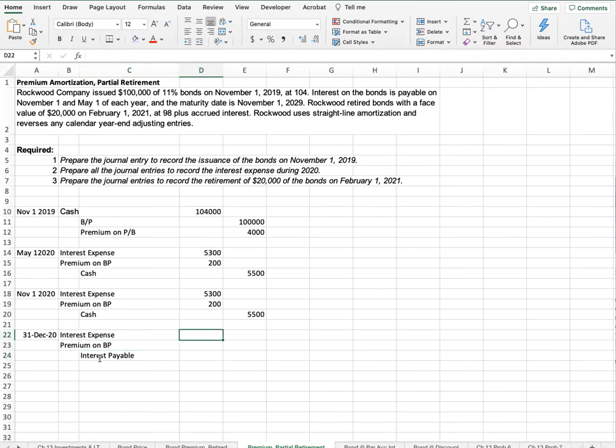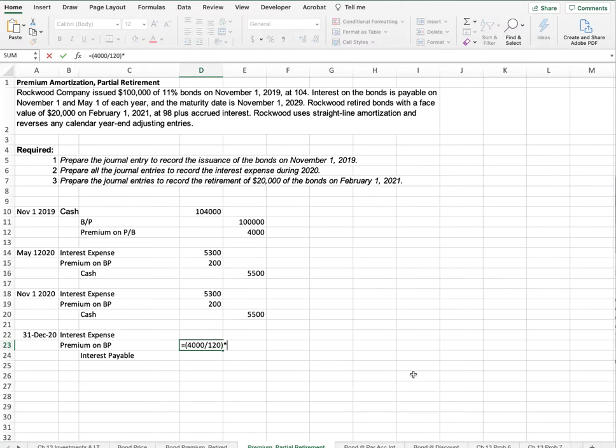And so we have to calculate the portion rather than the full year. To do that, let's start with bonds payable again, equal to 4,000 divided by the 120 months total.